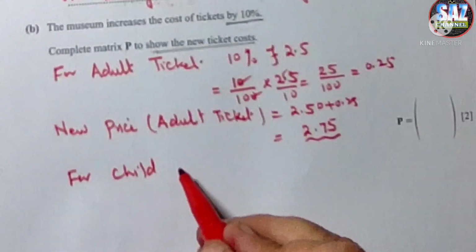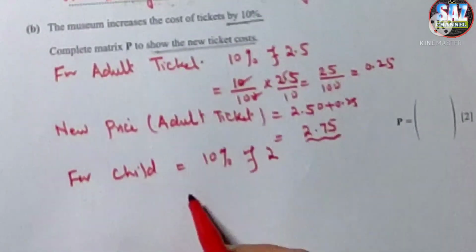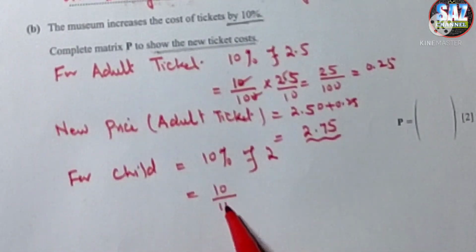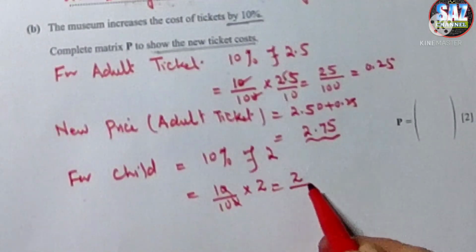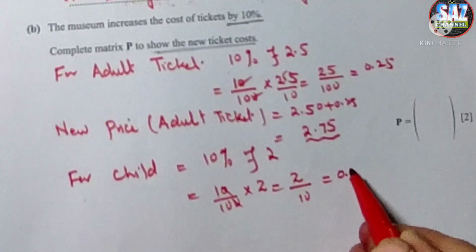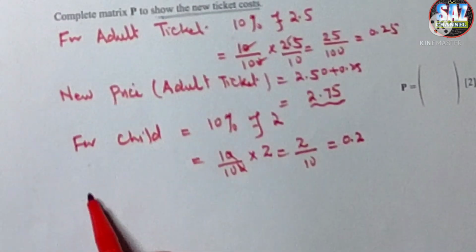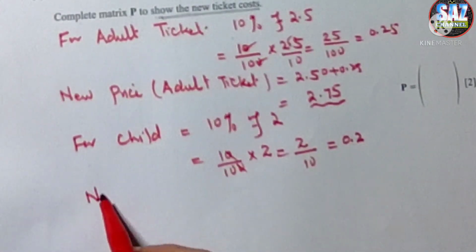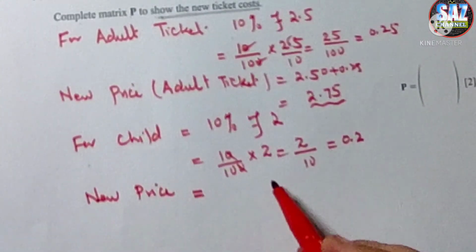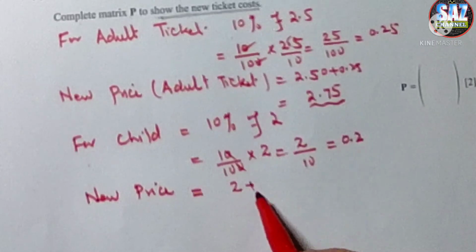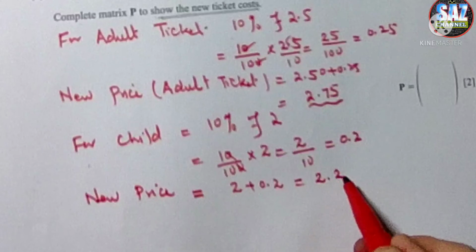Again, for the child ticket, first we have to find the 10% increase. That will be 10% of 2, that is 10 over 100 multiplied by 2. 0 goes with 0, this is 2 over 10, which is 0.2. So the new price after an increase of 10% equals 2 plus 0.2, and that is 2.20.